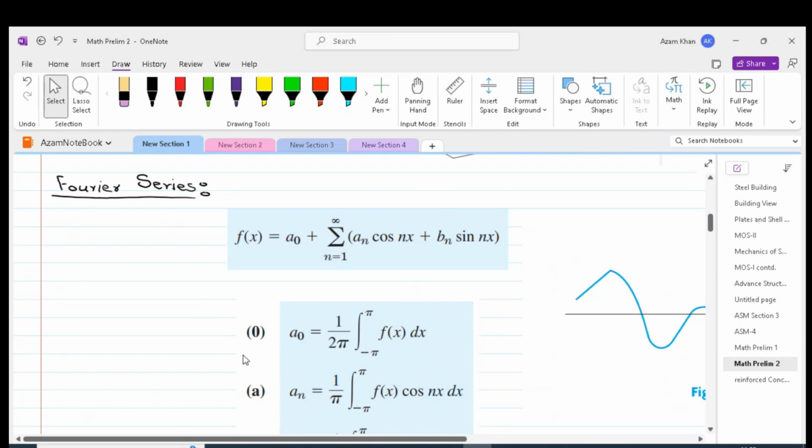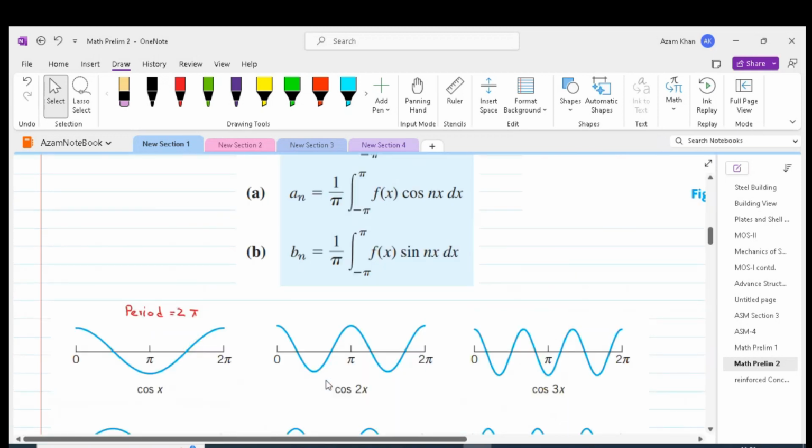Especially in the case of applied loads, we can have a period in terms of some other value than pi. So let us now discuss how to write the Fourier series for an arbitrary period.